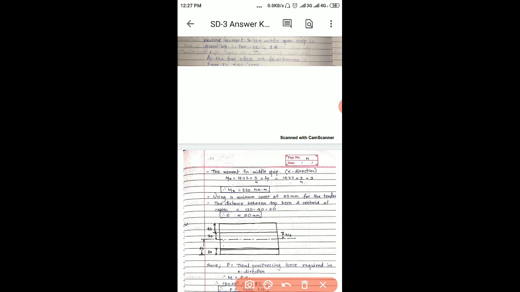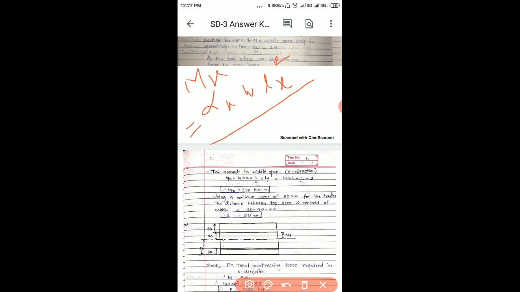Before that, how this 19.22 value has come, sorry, I just forgot that page, or I cannot find the in-between page, so I will explain here. We'll take alpha x for calculation of Mx. Mx is equal to alpha x into w Lx square.